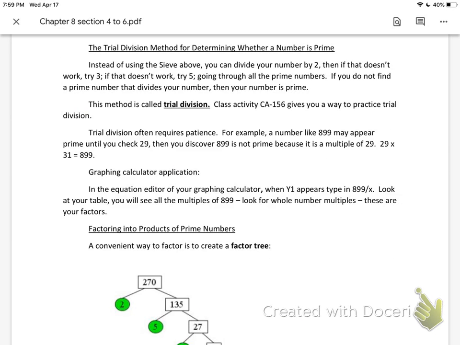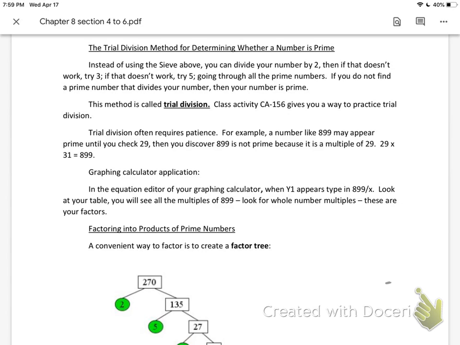Okay, on this page we talk about the trial division method for determining whether a number is prime. So trial division means that you try a division, and if you have no remainder, then the number in question is divisible by the number you tried. So it says instead of using the sieve above, you can divide your number by 2.